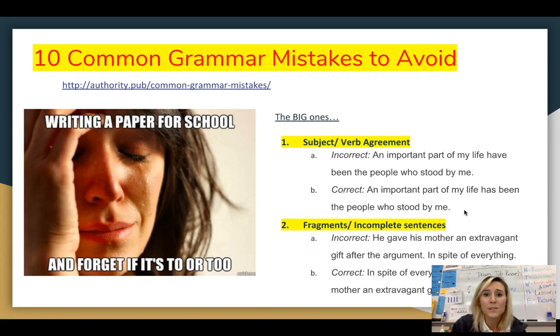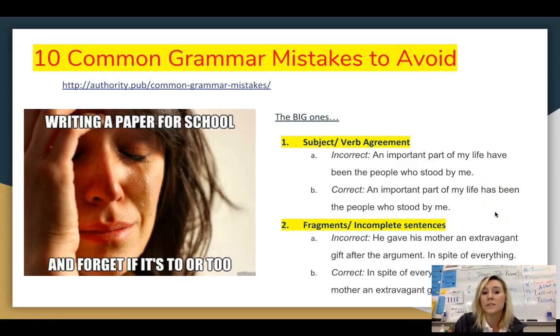I actually make this mistake verbally frequently when I'm talking to people. But when you're writing, you have to be very careful and make sure that your subjects and verbs agree. So, an important part is one thing. Have is a verb for multiple things. So you have to change it. An important part has. All right.